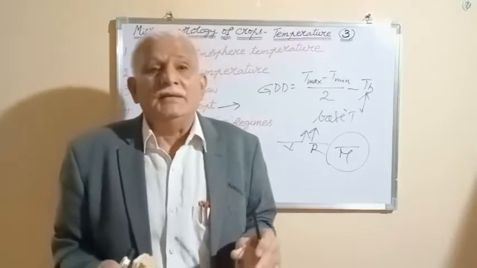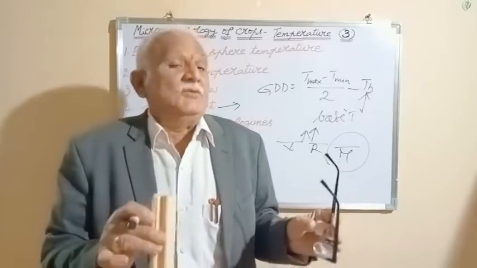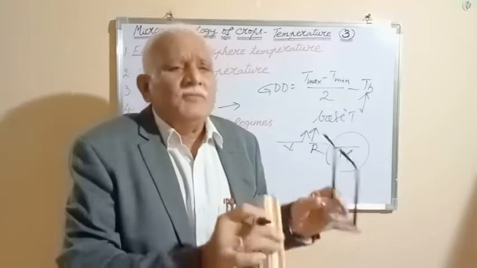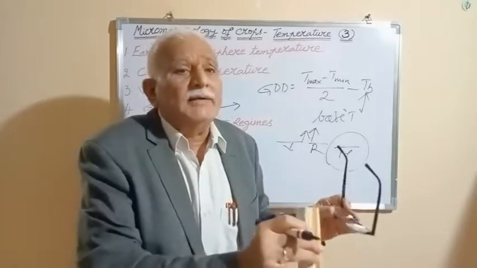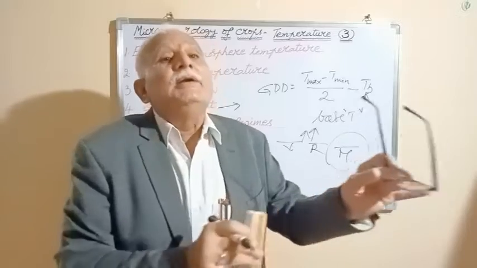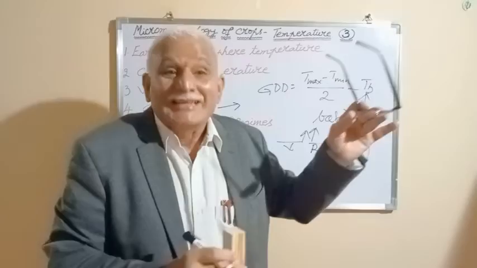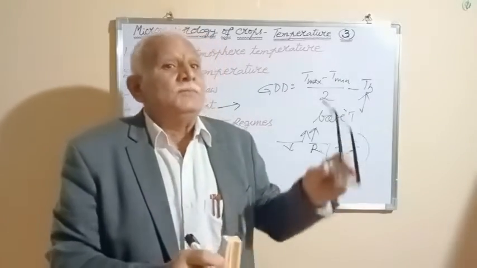Most important thing is, in China, in temperate regions, the photosynthates, or in other words the chemical compounds, the carbohydrates, move slowly into the grains, but it takes a longer period in the grain.